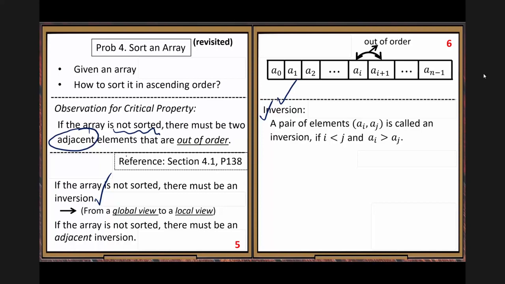So that's our solution. Now we are ready to finalize it. How do we fix an inversion?